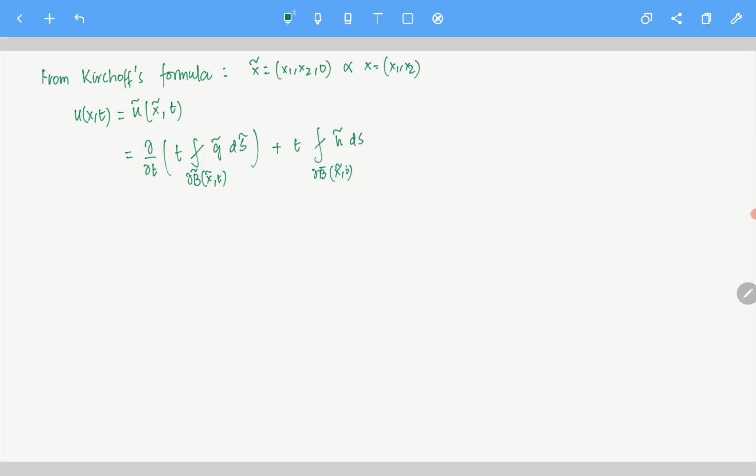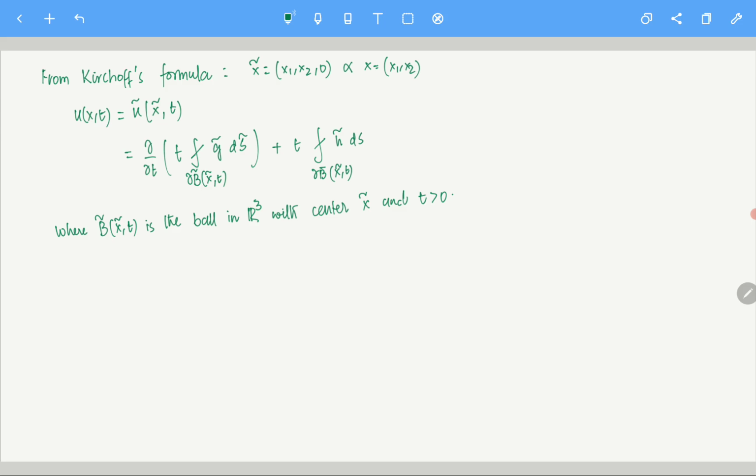Okay, so here see what is B tilde? B tilde of x tilde, t is the ball in R3, because we are doing it in 3 dimensions, right? Ball in R3 with center x tilde and radius t positive.